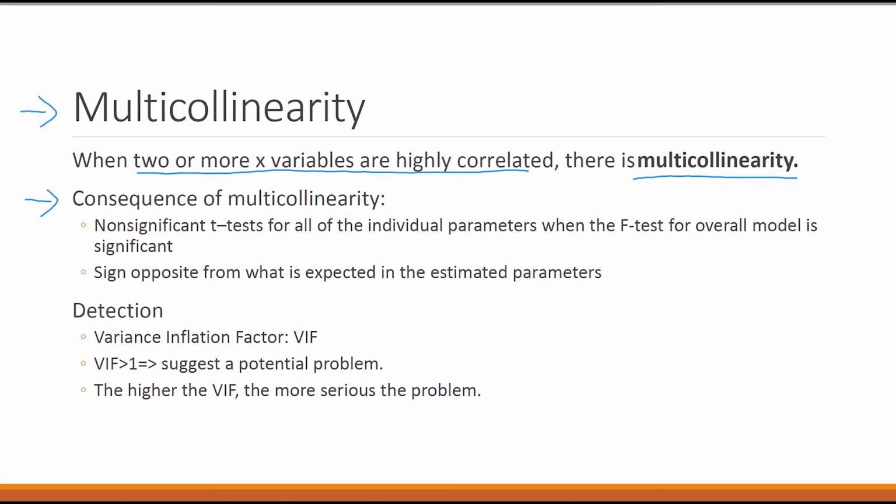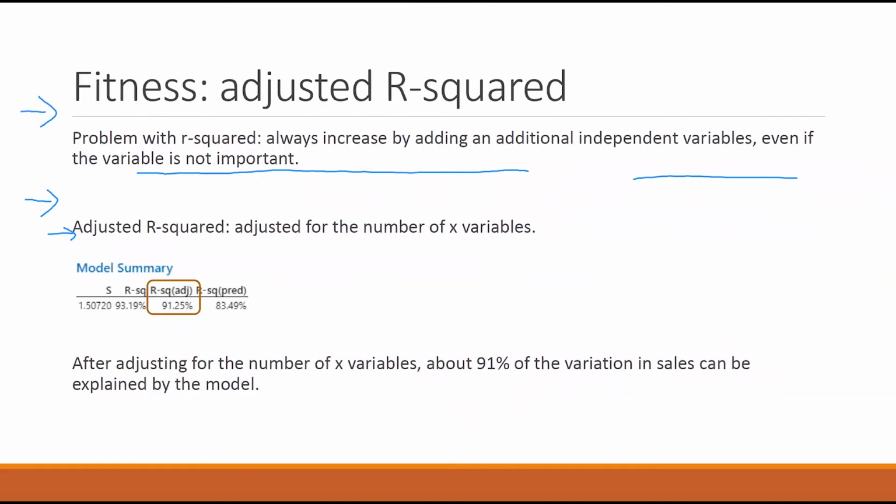So the first consequence is that when there's multicollinearity, the t-test may turn out to be insignificant, while actually the variable is highly correlated with y. So let me remind you what the t-test is about in multiple regression model.